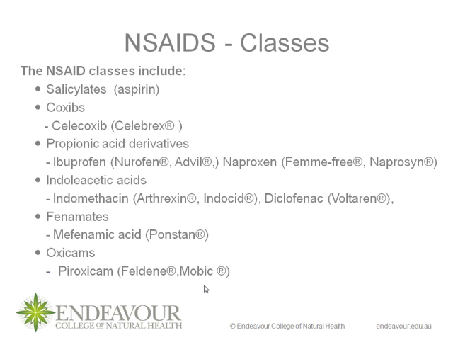There are various drugs which are fenamates, a particular chemical class, such as mefenamic acid or Ponstan, and lastly the oxicams, a particular generic type, piroxicam, proprietary names Feldene and Mobic.